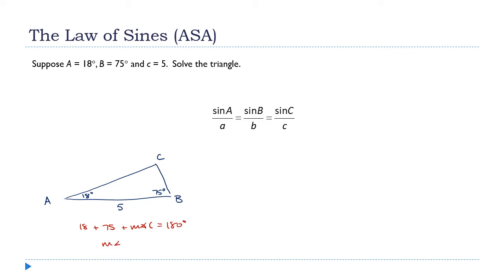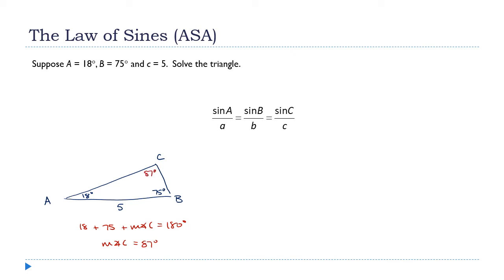So the measure of angle C is, subtract those angles there, 87. Sorry, I had a little slip of gear there. 87 degrees. That is our third angle.